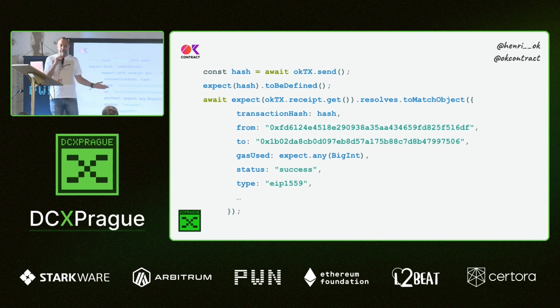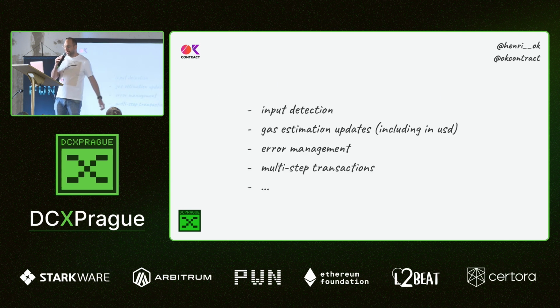And from that point on, it's one line to just send the transaction. So we get a hash, and if we wait for the receipt, then we get a successful transaction, and you can display that very easily. So it handles input detection, gas estimation, updates, including USD, error management, and supports multi-step transactions as well, but that's beyond this talk.